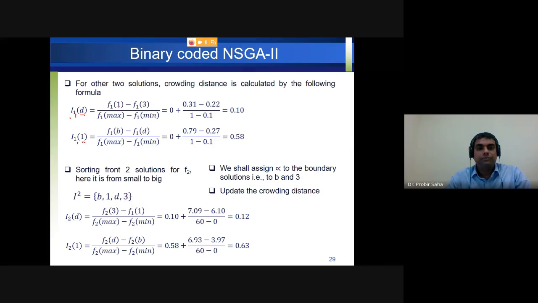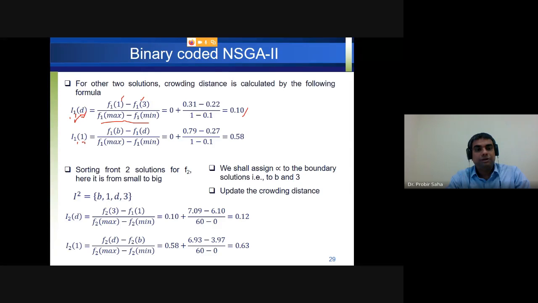So I put F1 for solution 1 and F1 for solution 3, because these are the neighboring solutions adjacent to solution D. For that, I need the 2 neighboring solutions' fitness, and I also know the maximum and minimum values. If I put that, I will get crowding distance 0.1.